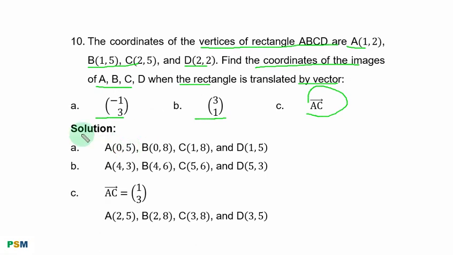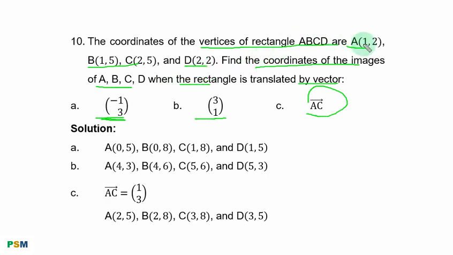Solution. So we are to translate the coordinates to get the various images. To do that, you translate the given vertices with this column vector, and that is simply the addition of this vector to the various coordinates, corresponding elements to corresponding elements.